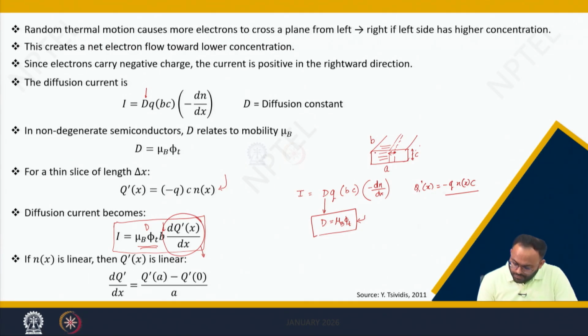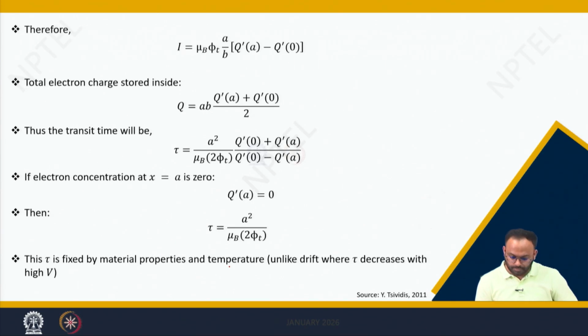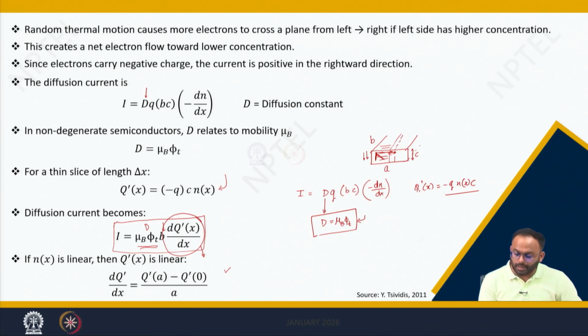In this analysis we have assumed that the charges are exactly near the surface, but this theory is applicable even if the charge is non-uniform in the vertical direction. It means if the charge diffuses in the vertical direction, this theory still holds good. For the sake of simplicity, let us consider the change in charge along this to be linear.